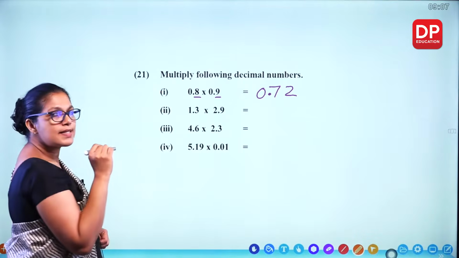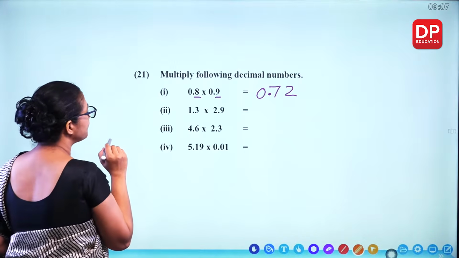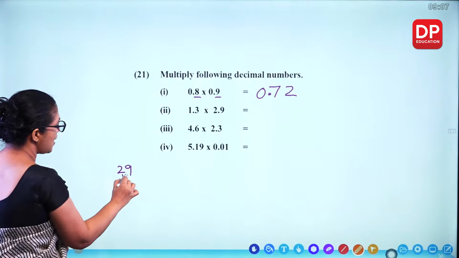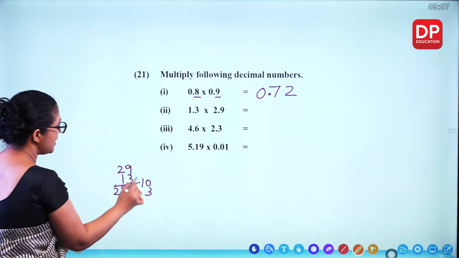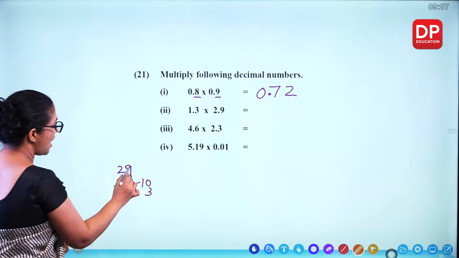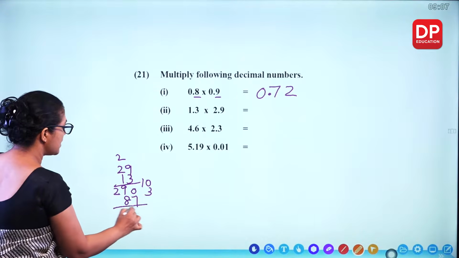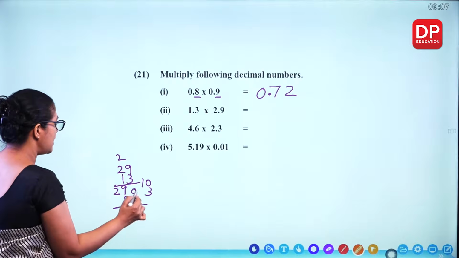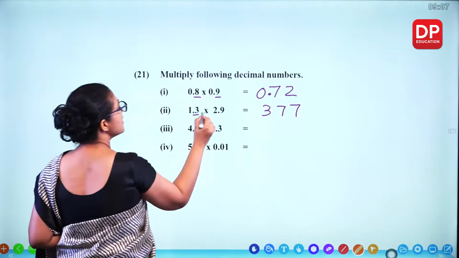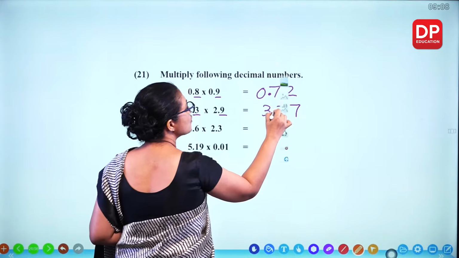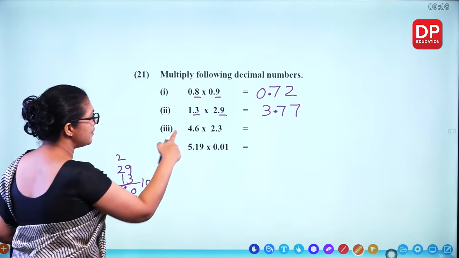So 0.72. 13 times 29. 29 times 13, 10 and 3, you get 219. 290, 3 times 9, 27. 3 times 2, 6 plus 2, 8. So 377. You get 377 as the answer. 2 places you have to keep. So 3.77.